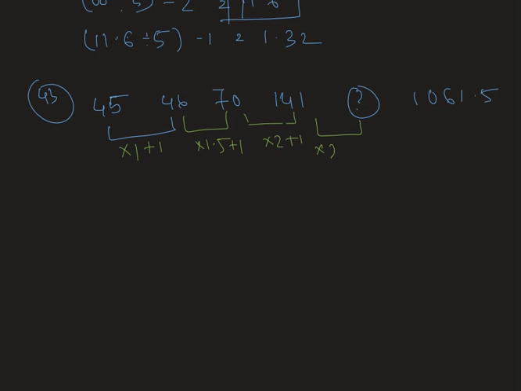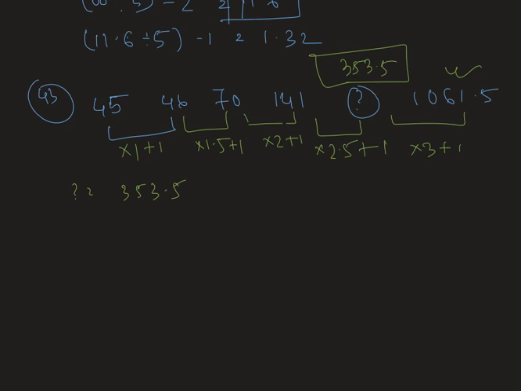Therefore it is pretty obvious that if we multiply by 2.5 and then add 1, we get 353.5. And to check whether this answer is correct or not, we multiply it by 3 and then add 1, hence we get 1061.5. So the required answer is 353.5.